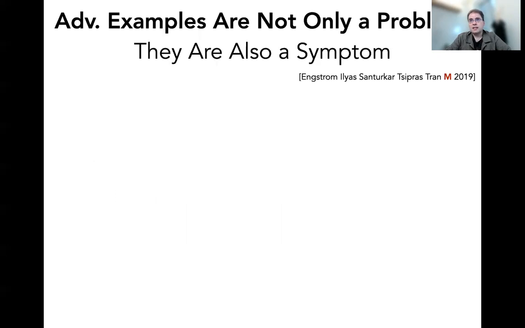Well, I would say that first of all, even if you don't care about adversarial examples as a realistic threat to the system that you are deploying, they're not only a problem that, if you are more security minded, you might worry about, but also a symptom of some deeper problem.